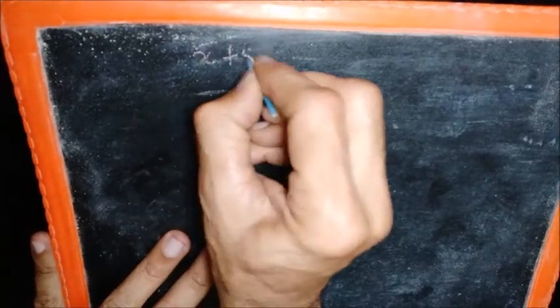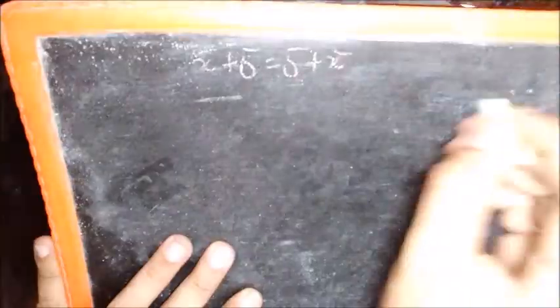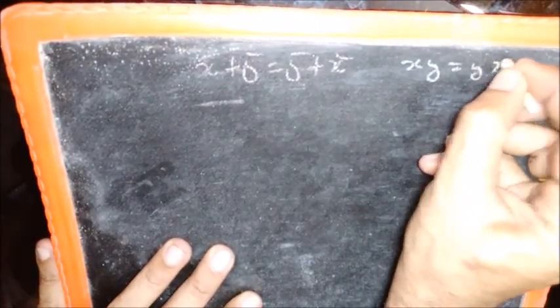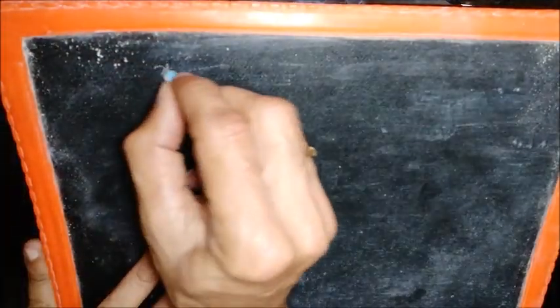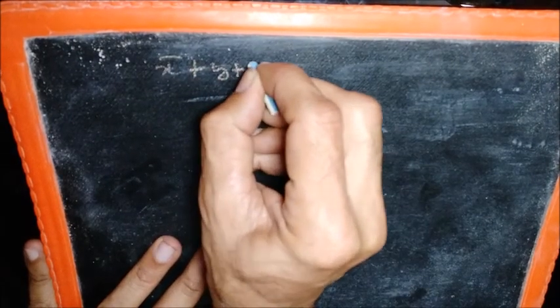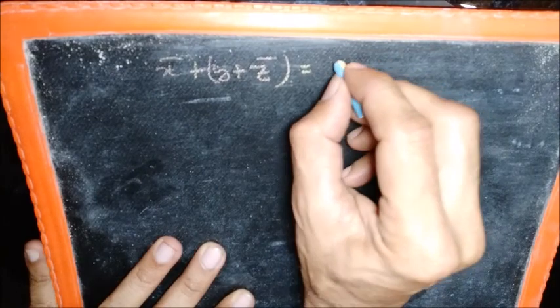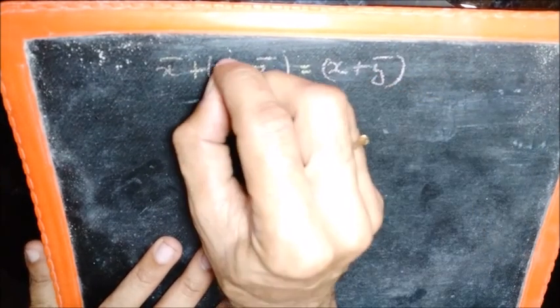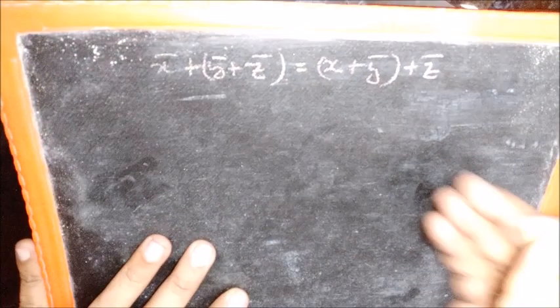Quickly, x plus y has to be y plus x. I don't think I have to explain it. It will be satisfied because xy is equal to yx, the way we have defined addition. So this property is satisfied. Next, x plus y plus z should equal x plus y plus z with different grouping.